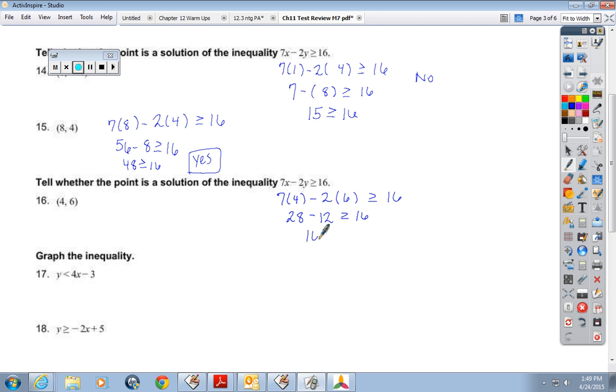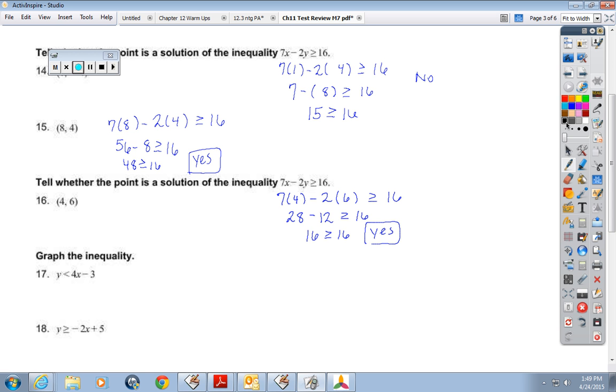And then 17 and 18 are where we graph. Now, are those already in slope-intercept form? Yes. So all we have to do is graph them. So again, I'm going to draw a rough graph over here. Okay.